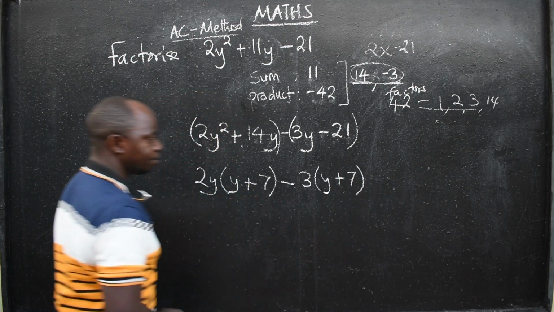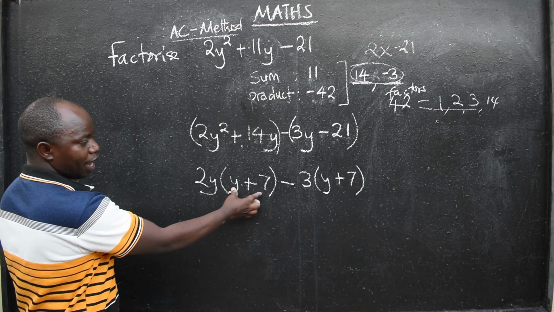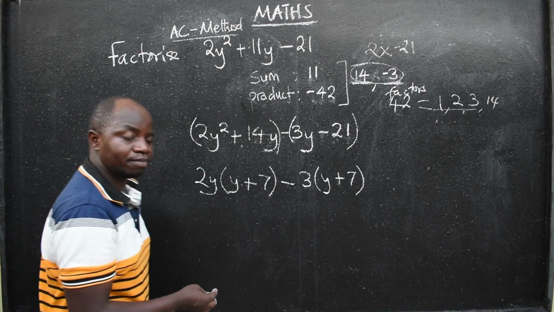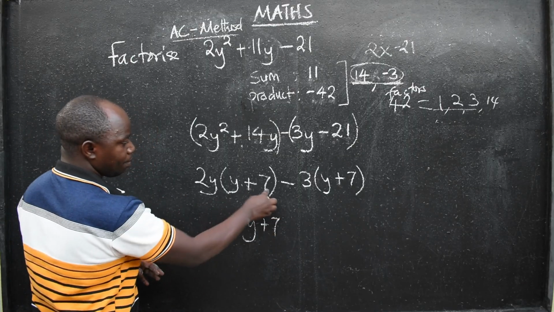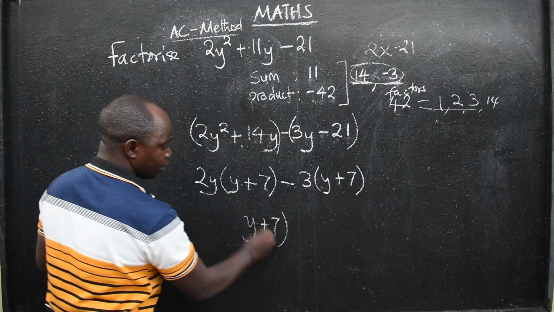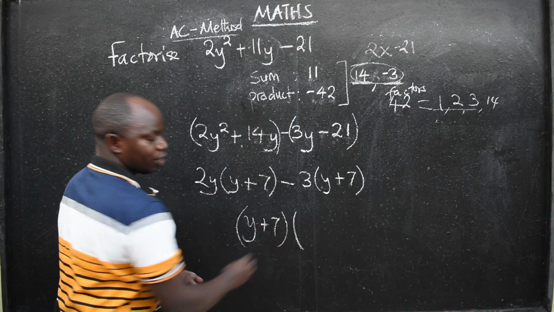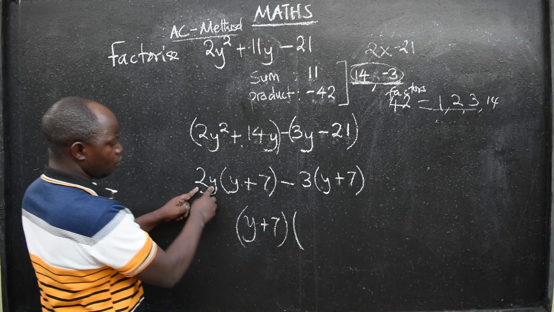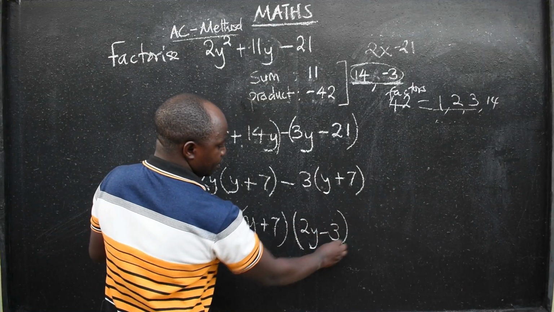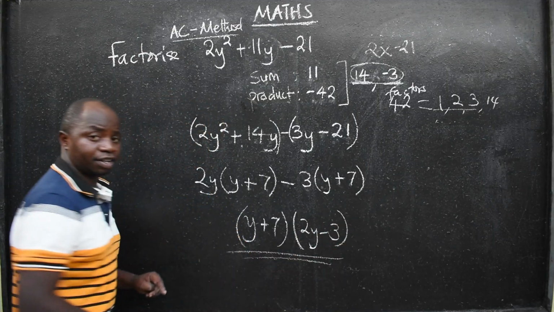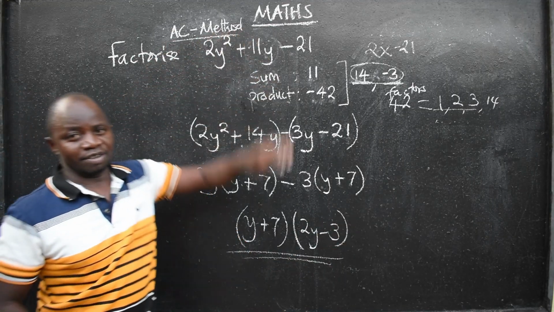Now you can see that what we have inside the brackets are the same. You get 1 y plus 7. Also get now what we have outside the brackets: 2y minus 3. This is the way we factorize using the AC method.